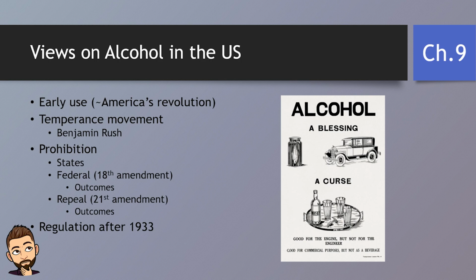Interestingly enough, because of different taxation and revenue sources, in states that have higher taxation on alcohol, people will drive across the border to states with lower taxation and buy alcohol there instead. It's one of the reasons New Hampshire actually has the highest alcohol sales per volume, and that's because Massachusetts has one of the highest alcohol taxes. So people will drive across the border to purchase alcohol from New Hampshire instead, which has a much lower tax cost.